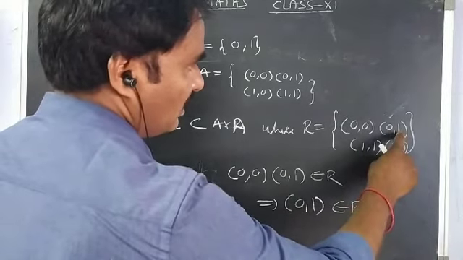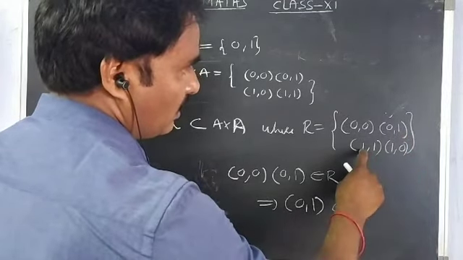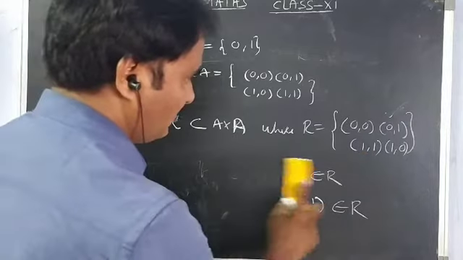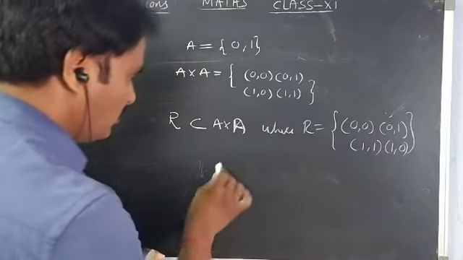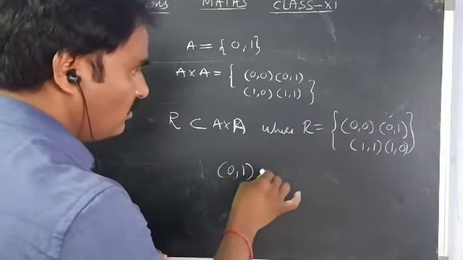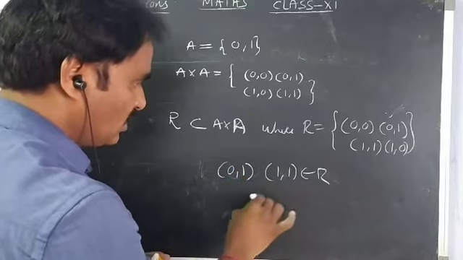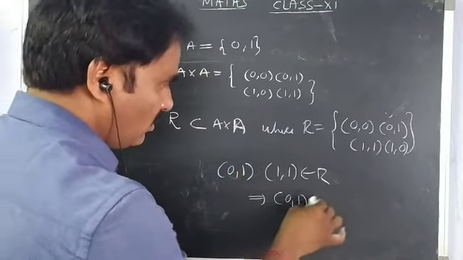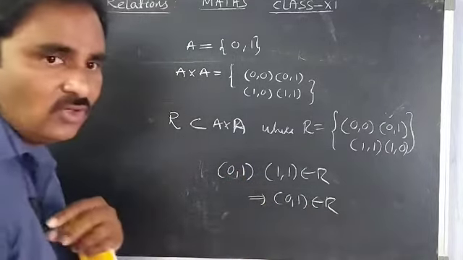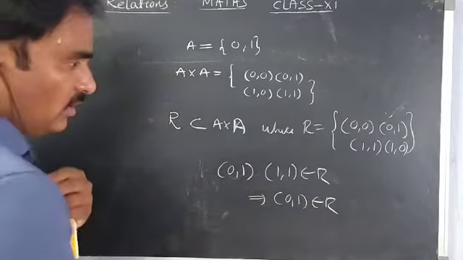These two ordered pairs, the first pair's second element and the second pair's first element are the same. I am taking these two ordered pairs 0, 1 and 1, 1 belonging to R. These two are the same. Cancel the element. Construct the new ordered pair 0, 1 belongs to R. Okay. Now 0, 1 check. Yes, it belongs to R.